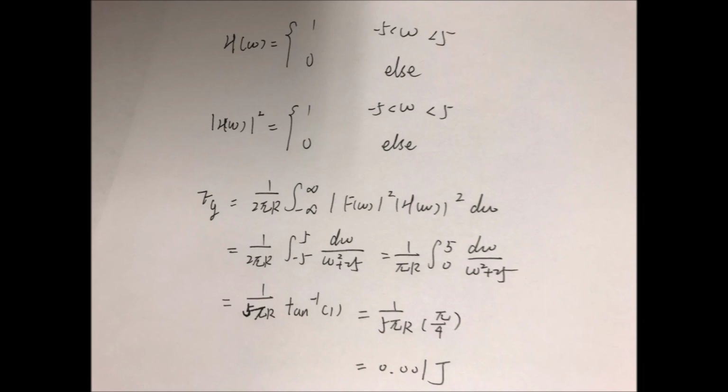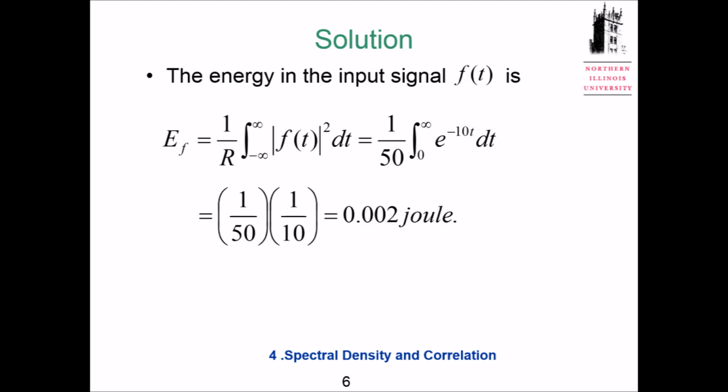Now we have to calculate this. Use 4.6 to calculate my output signal's energy. Okay, so step 1 for the Fourier transform, right? Exactly the same, just as I did over there. I only show you how to calculate this lesson too.